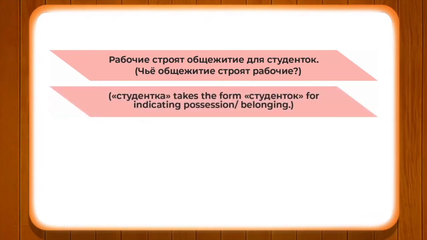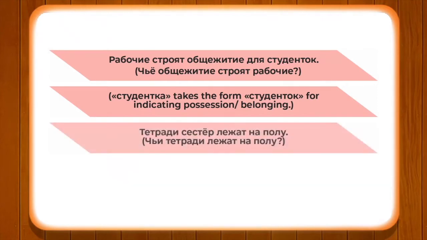So студентка takes the form студенток, indicating possession, belonging. And here if you pay attention to the ending of чьё, it is actually indicating общежитие. Рабочие строят общежитие для студенток. So we have to understand the pattern of the grammar while solving.